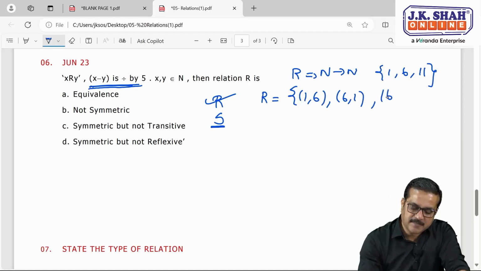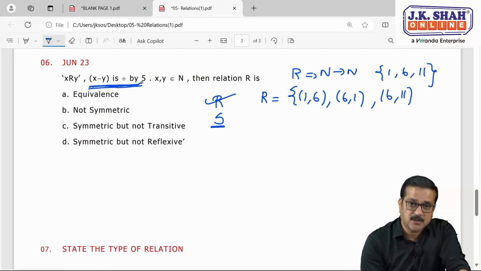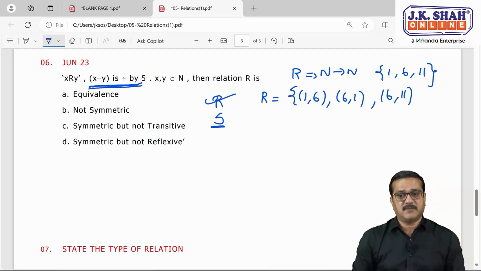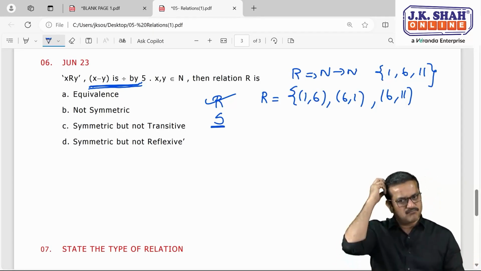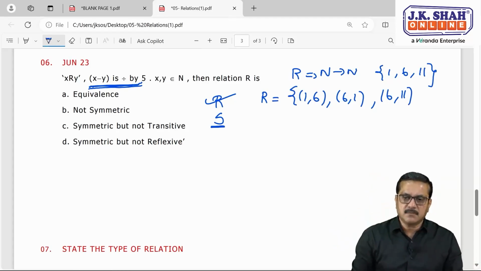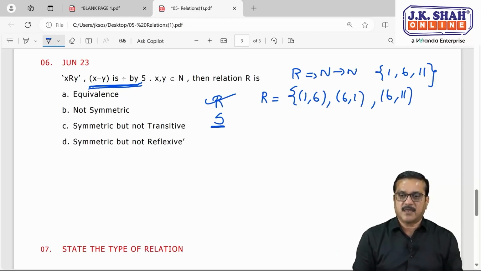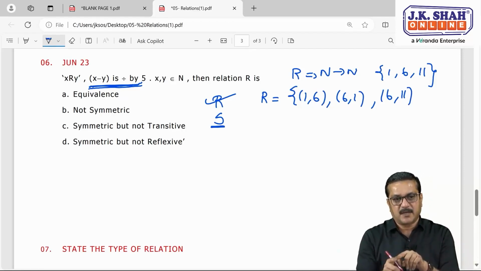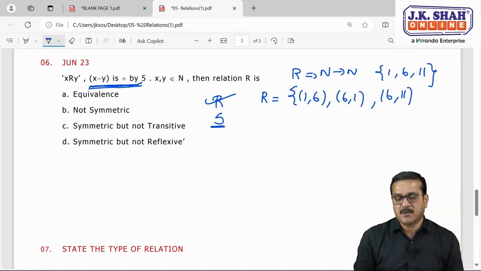Take 6, 11. Will it be a part of our R? Yes. 6, 11 to be in R has to satisfy that condition, so put it in. 6 minus 11, minus 5. Yep, that is why I took gaps of 5. I write 6, 11 without thinking. But our viewers here may ask how I took 6, 11. I made it that way: 1, 6, 11. So will 11, 6 be there? It should be there without writing it out. Because if 6 minus 11 is divisible by 5, then 11 minus 6 also will be divisible by 5. Without doing the subtraction, you should be able to see that.